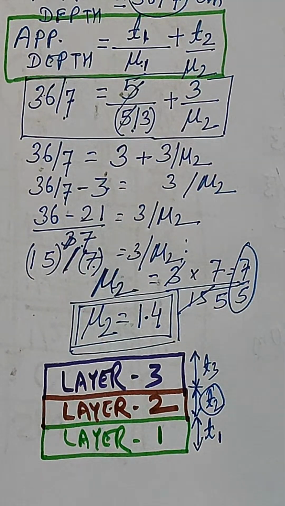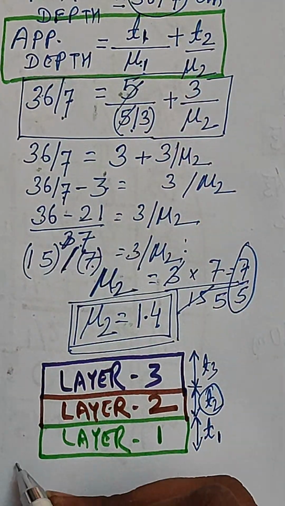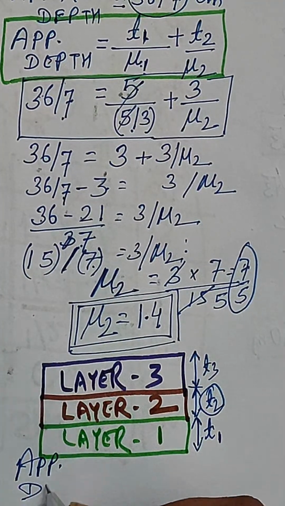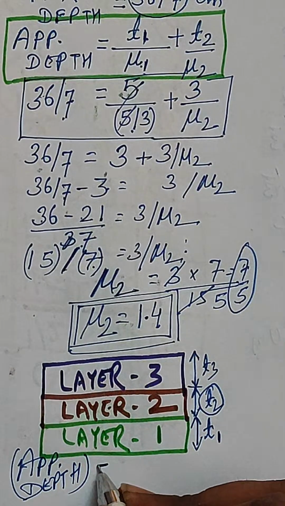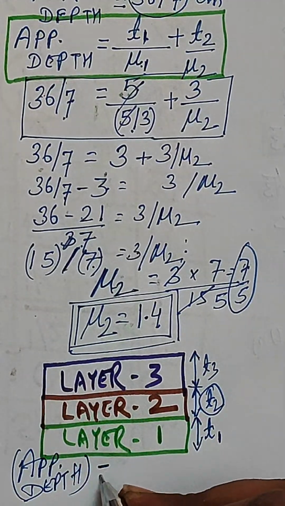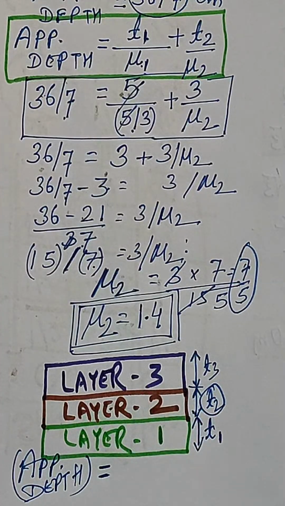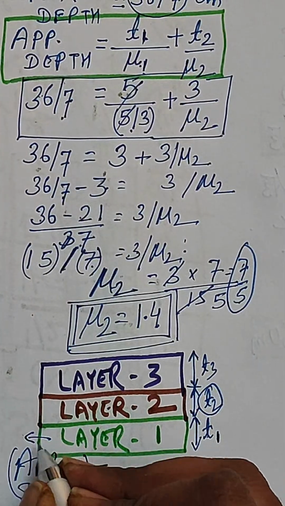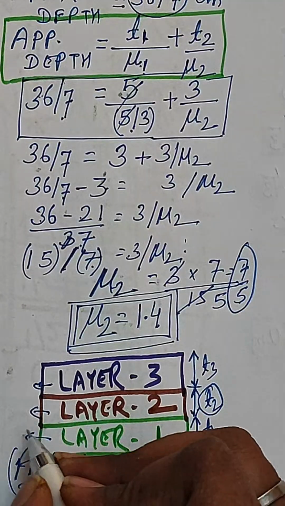Then in this case the same formula will exist, and the apparent depth for these 3 layers of water, oil, or maybe another liquid can be given by T1 by mu1, where the refractive indices of the corresponding layers are mu1, mu2 and mu3, right?